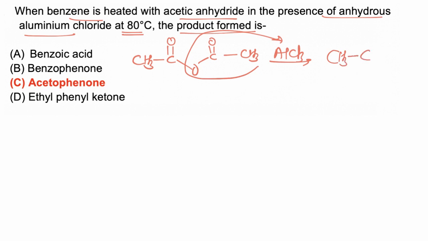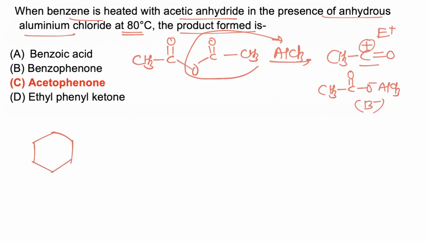So CH3CO positive is formed, which acts as an electrophile, and CH3COO negative AlCl3 will act as a base.